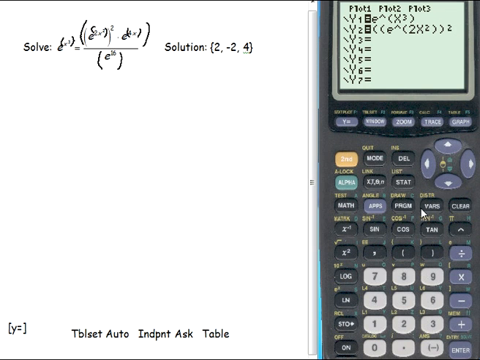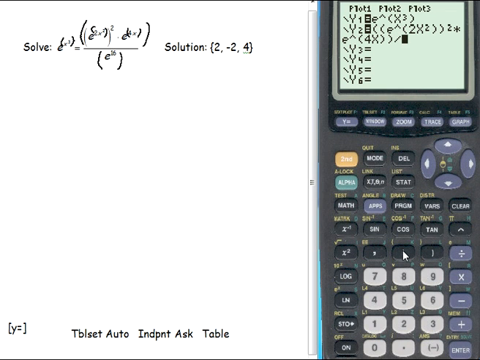And then times, I'll just hit times, e, second, divide, and then raised to the 4x in parentheses, close parentheses, close another parentheses, and hit divide.